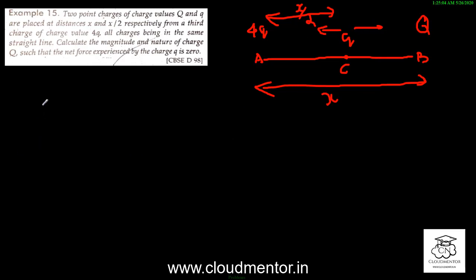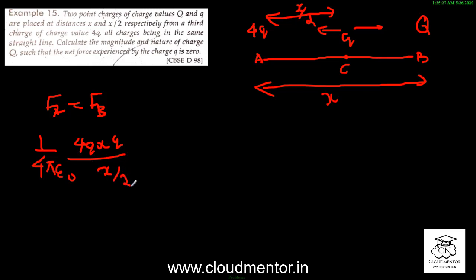And now we can equate Fa equal to Fb, that is, we get 1 by 4 pi epsilon 0, 4q multiplied by q divided by x by 2 the whole square, and that must be equal to 1 by 4 pi epsilon 0 into Q into q divided by x by 2 the whole square.